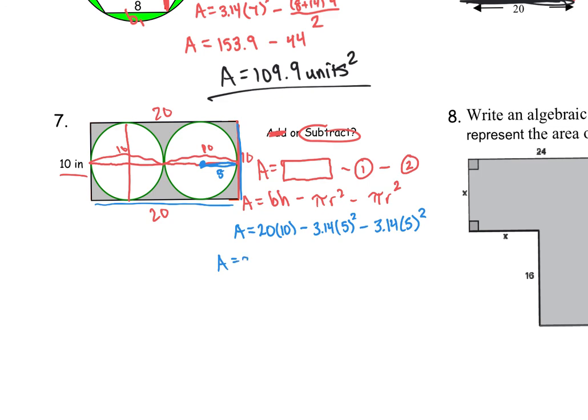This will look like 200 minus 78.5 minus another 78.5. And when you put that in the calculator, the total area for this shaded region, which is the rectangle taking out 2 circles, would be 43 units squared.